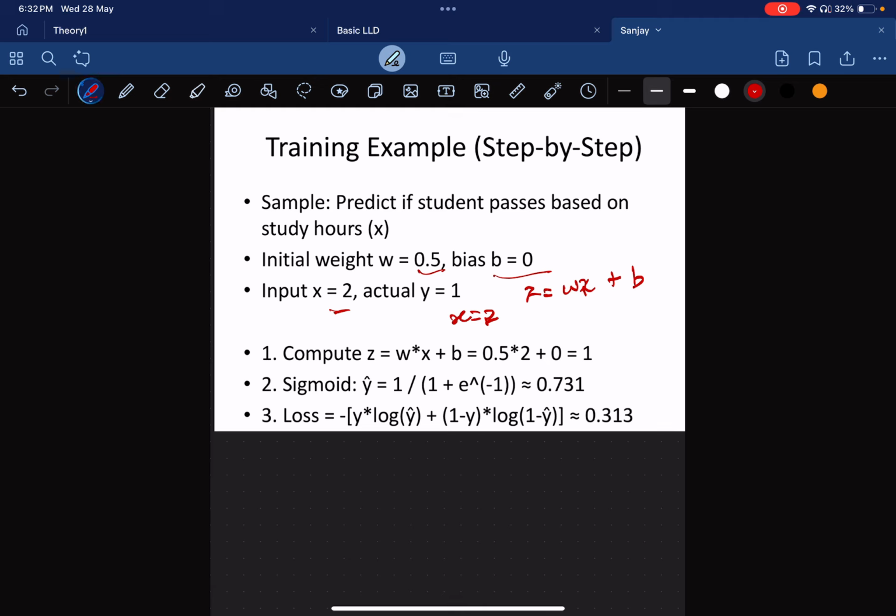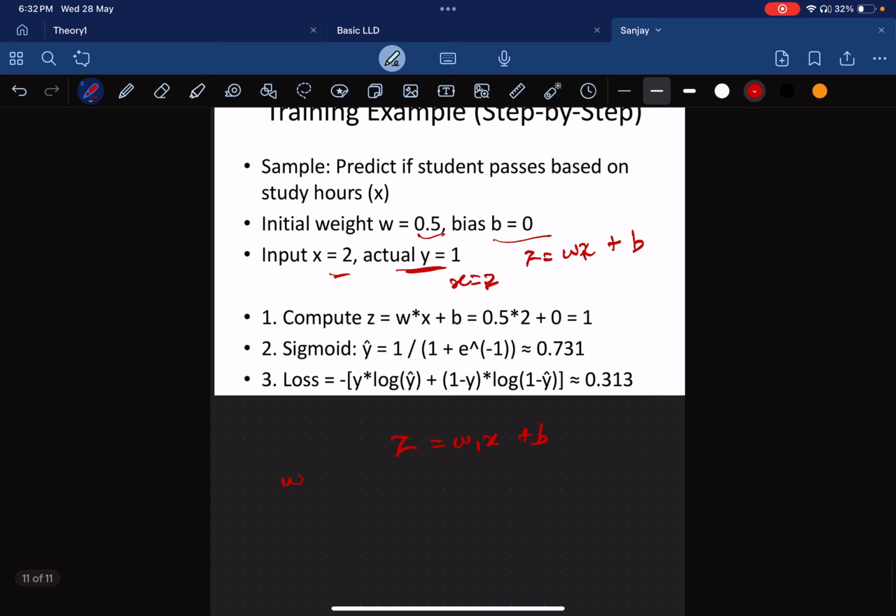The actual input is also given. For example, z equal to w1 x1 plus b, where w equal to 0.5, b is equal to 0, and the input is 2. Then z equals 0.5 into 2 plus 0, so the output is 1.